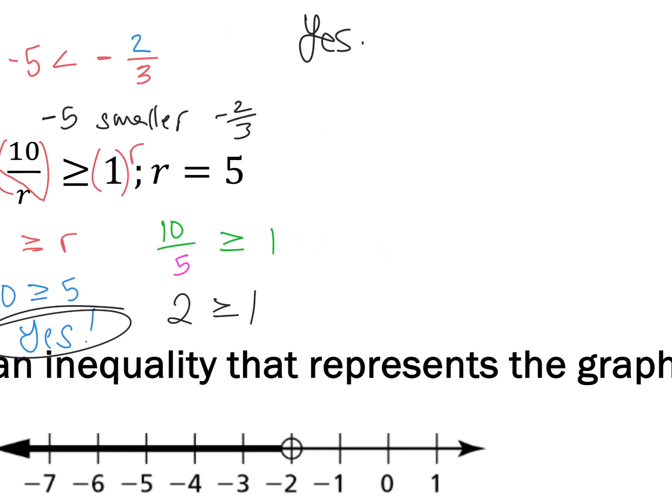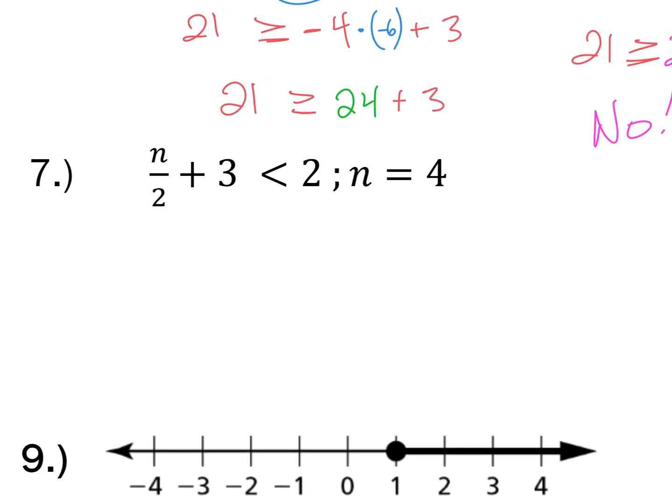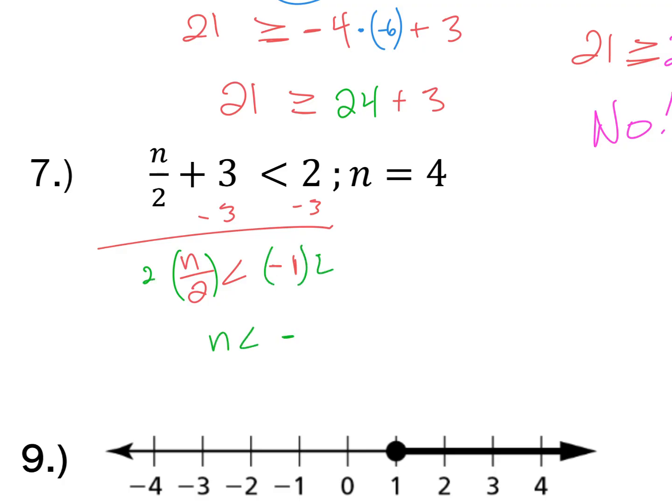Yeah? Number 7. Let's see. Let's subtract 3. N over 2 is less than -1. Multiply both sides by 2. N is less than -2. We take our 4. We plug it in. Is 4 less than -2?